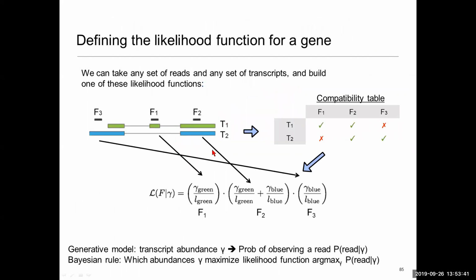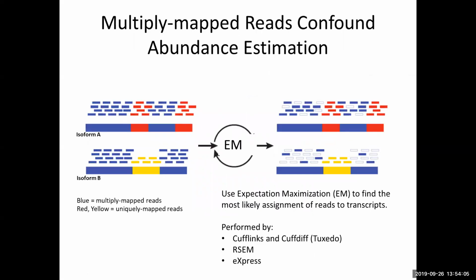And there are probabilistic models that have been developed in order to do that, where you basically have some table of compatibility that tells you how consistent are my different fragments with particular transcripts, and I can partition those accordingly. And of course, with long read sequencing technology nowadays, some of these steps are becoming less and less central.